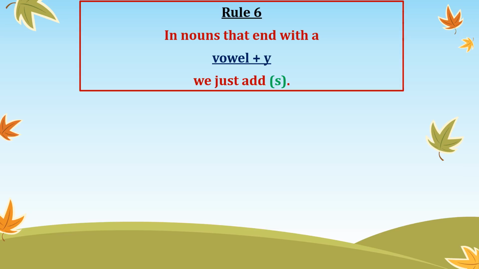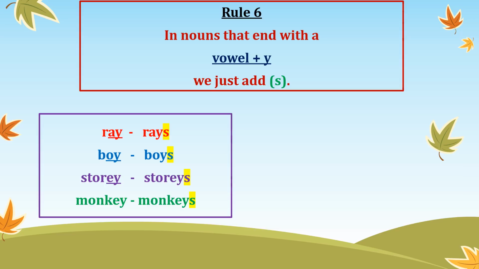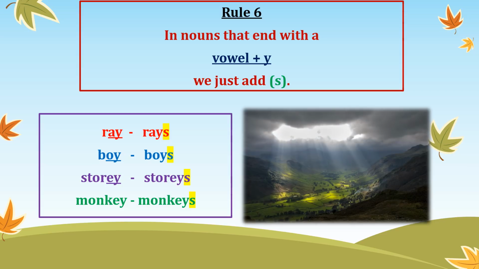Let us see a few examples here. The first noun given here is ray. Look at this word. It is ending with Y. But just before Y, we have A. And A is a vowel. That means Y will not get cut. All we need to do is to write S, and see, ray word has become rays now.